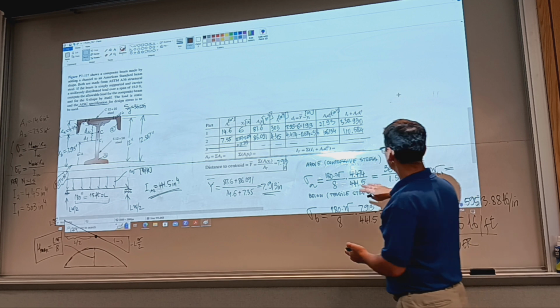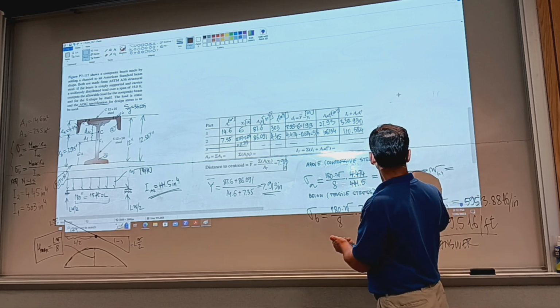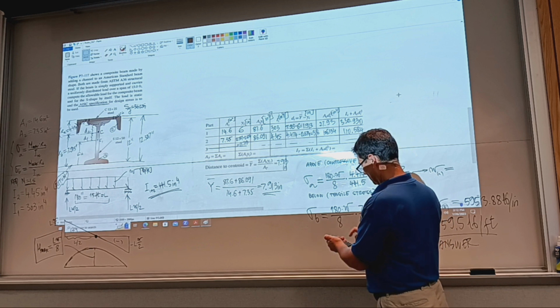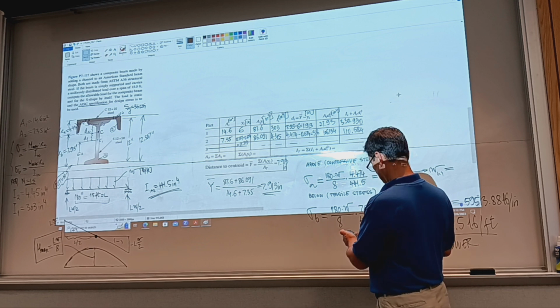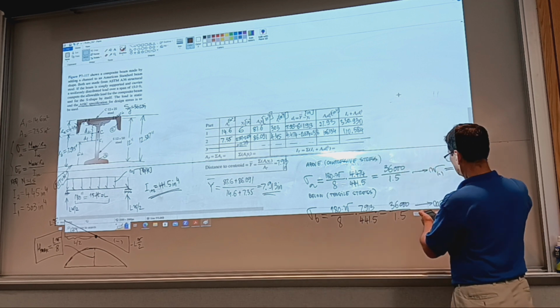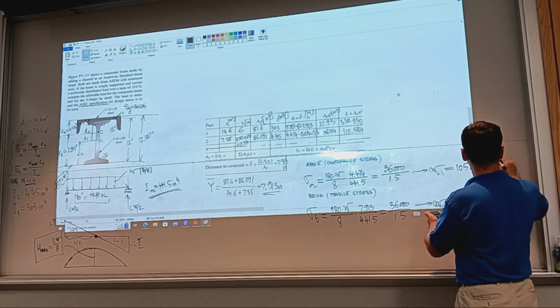Let's calculate the standard way: 36 exponent 3, this one, times 8 times 441.5 over 1.5 over 180 over 4.474 equals 105,260 pound per inch.